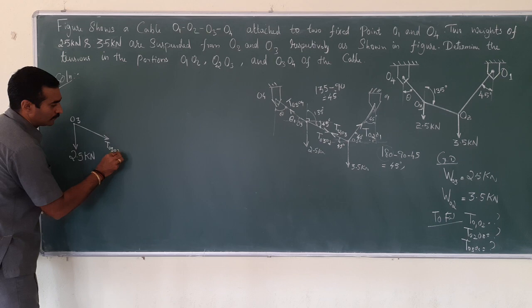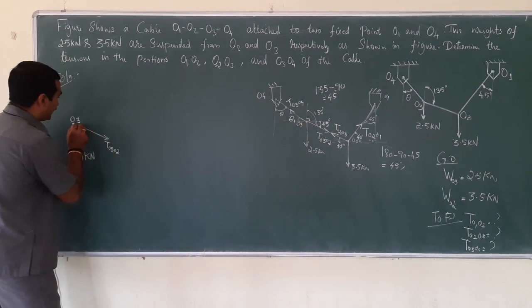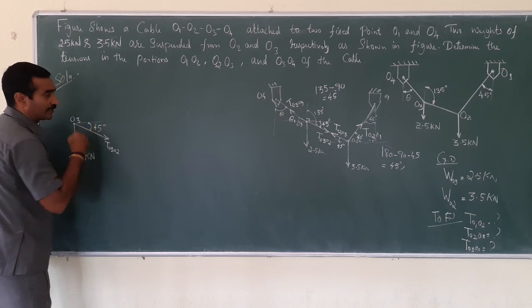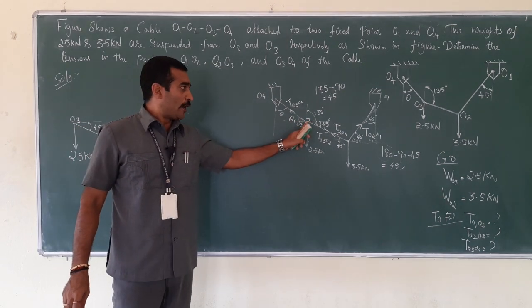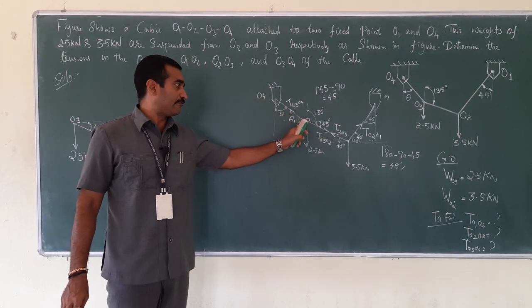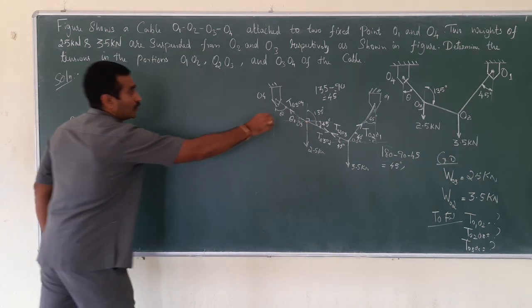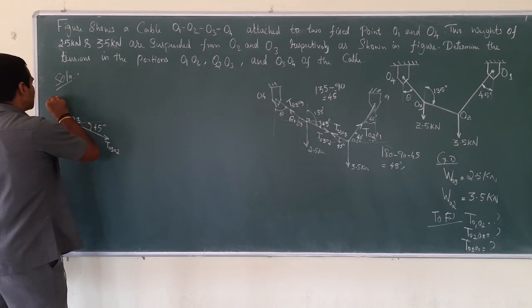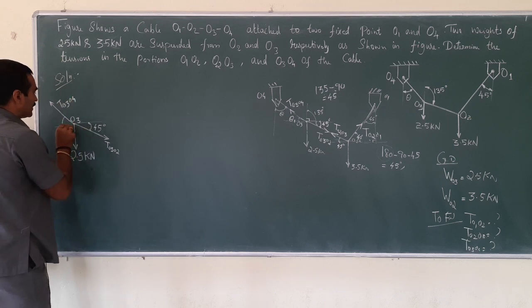What is the inclination here? It is 45 degree with horizontal. And from the O3 point, a tensile force which is acting away from the point, that is TO3 O4. It is acting this way, and the angle is unknown here, theta 1.